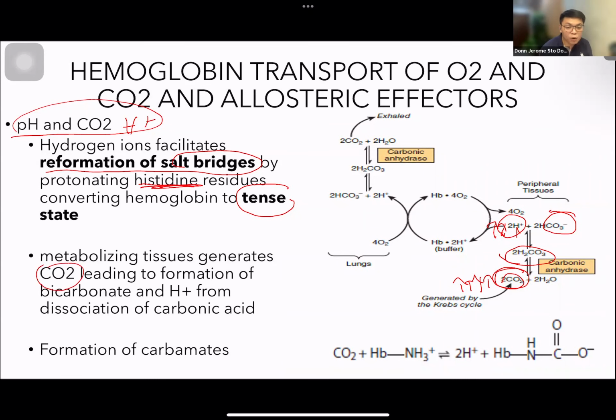Okay. So the last one is formation of carbamates. Basically, carbamates are formed from the reaction of carbon dioxide with the amino group of your hemoglobin. Carbamates are anionic compounds, no, and this also facilitates the formation of salt bridges. So again, facilitating the taut form, the tense form, or the low oxygen affinity form, releasing your oxygen.